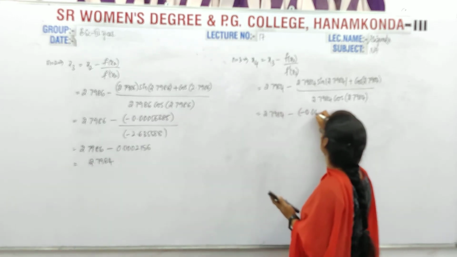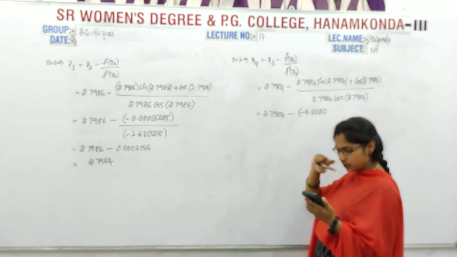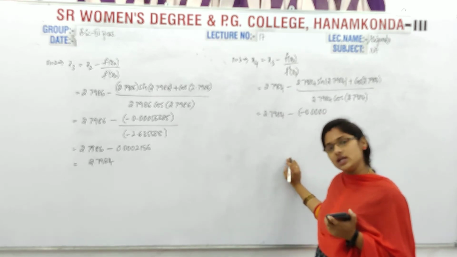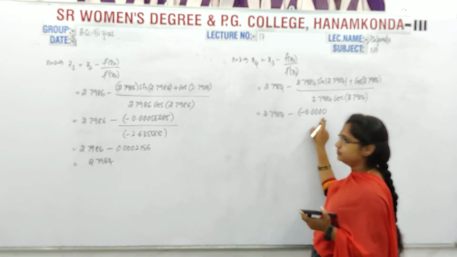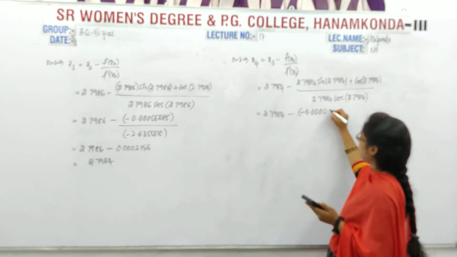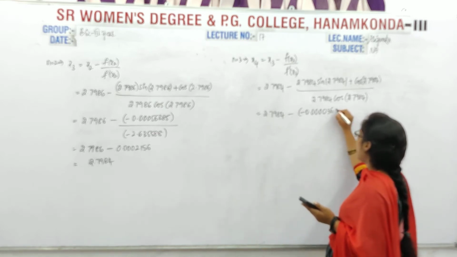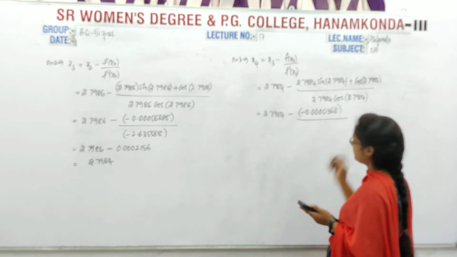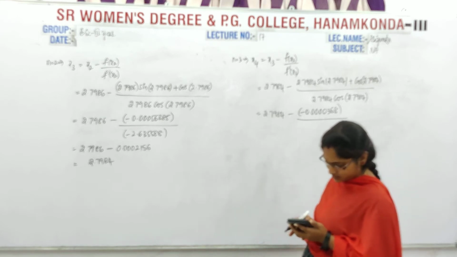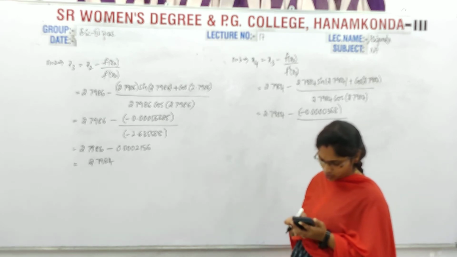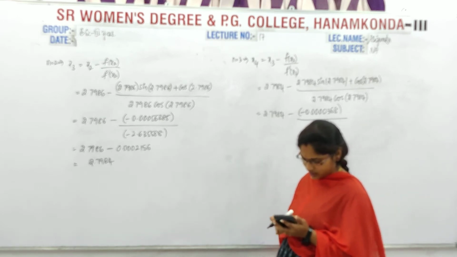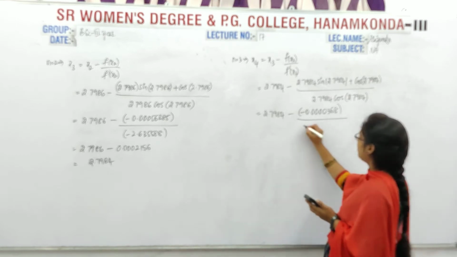Minus 0.0000 into 10 to the power of minus 5, you will get, so 4 zeros. Now here 3677772, I am taking it as 8, by 2.7984 into cos 2.7984.